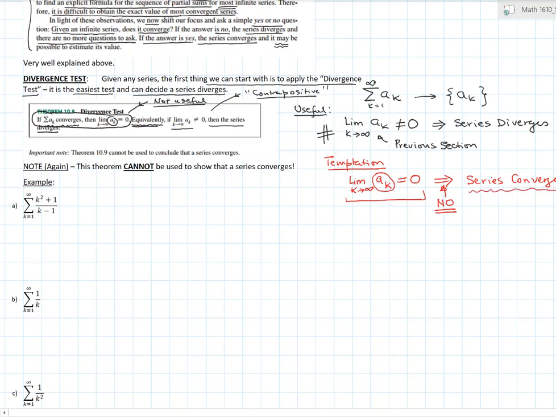So let me repeat. If you find the limit of this sequence ak, that means just simply the numbers of the series, and if the limit is 0, you cannot conclude that the series converges. In fact, what this means is we know nothing.